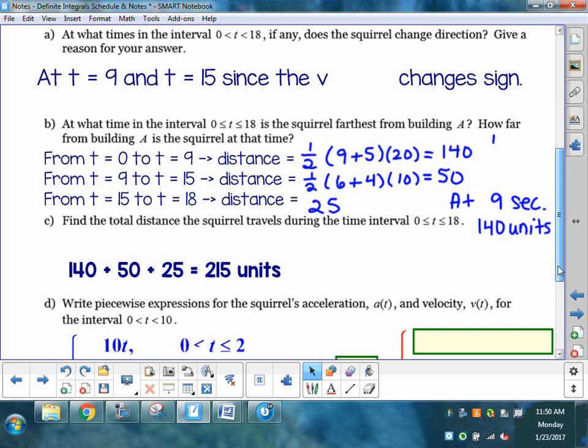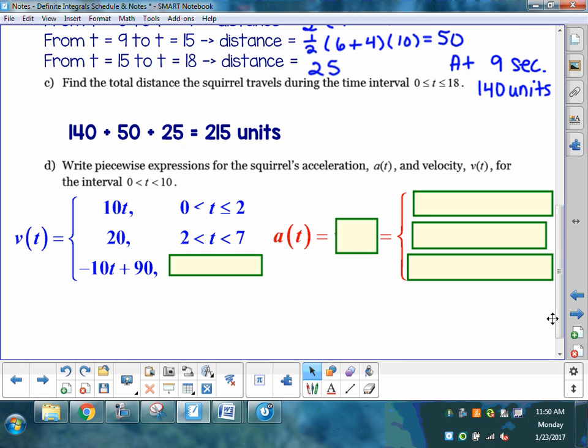Now, when we list it out, though, what does our interval have to be on this? Cam? From where to where? Tell me what I'm writing out. It's partially right. Screwed up the first one.